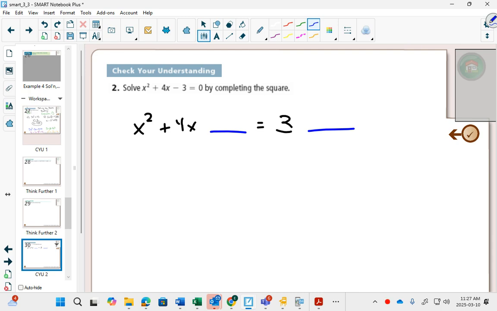Now, mental math-wise, you have to get really good at squaring things. I know I want x plus something squared, and the hint is that 4x.